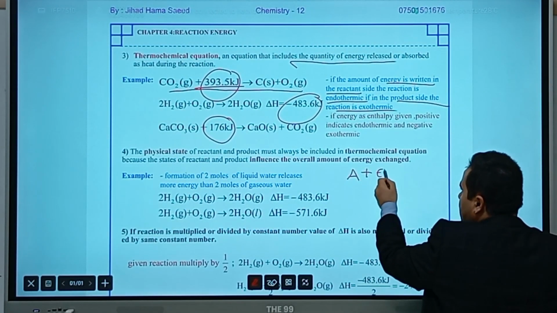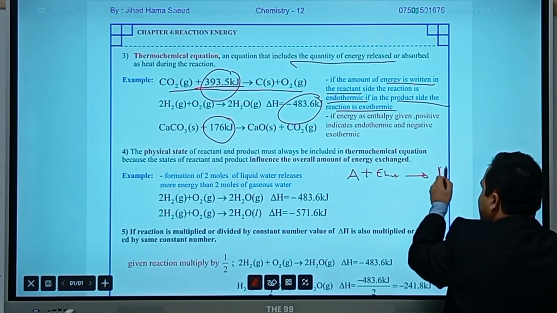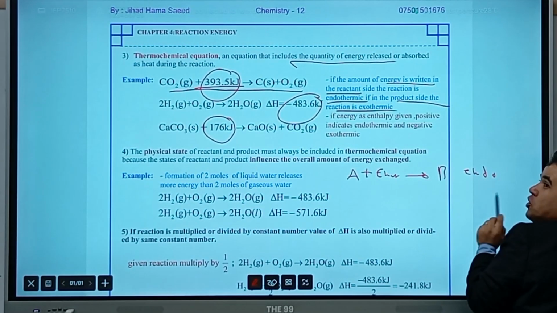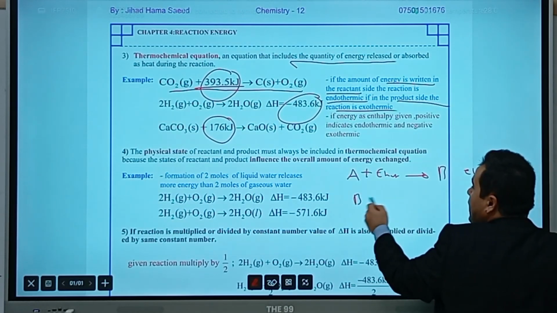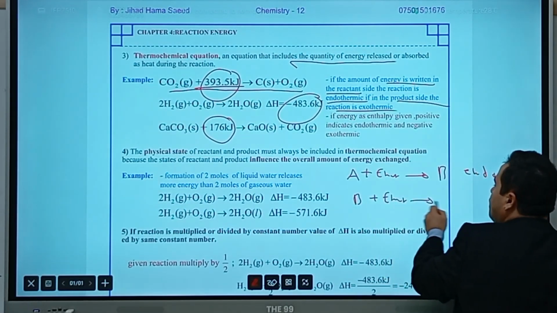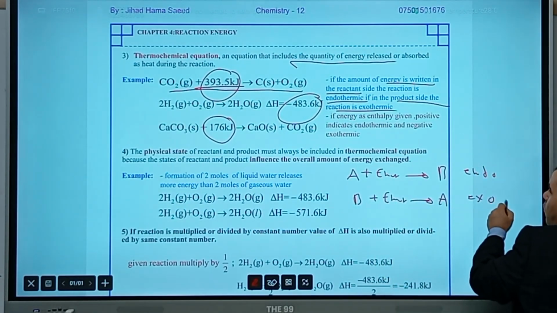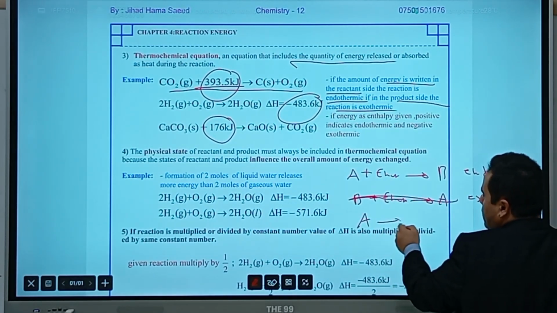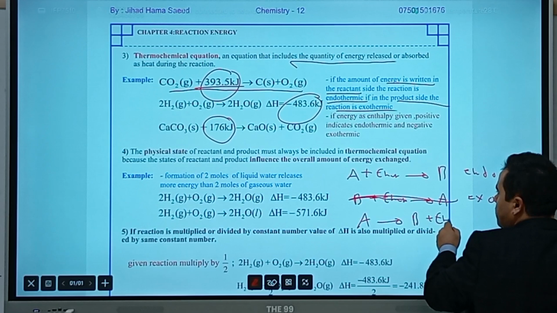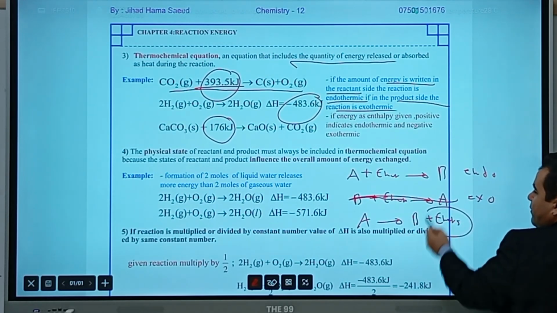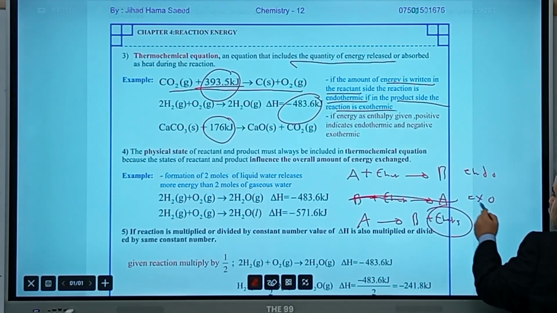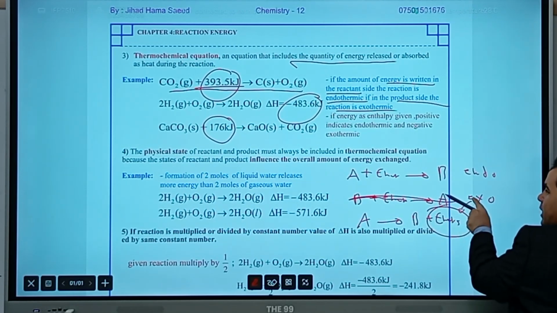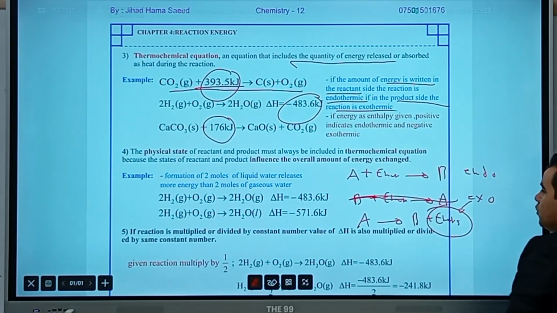A plus energy to form B is endo, because the energy is in the reactant. B plus energy to form A is exo. Sorry, B to form A plus energy: here we have the energy in the product, which is exothermic. Whenever the energy is in the product, exo; energy in the reactant, endo.